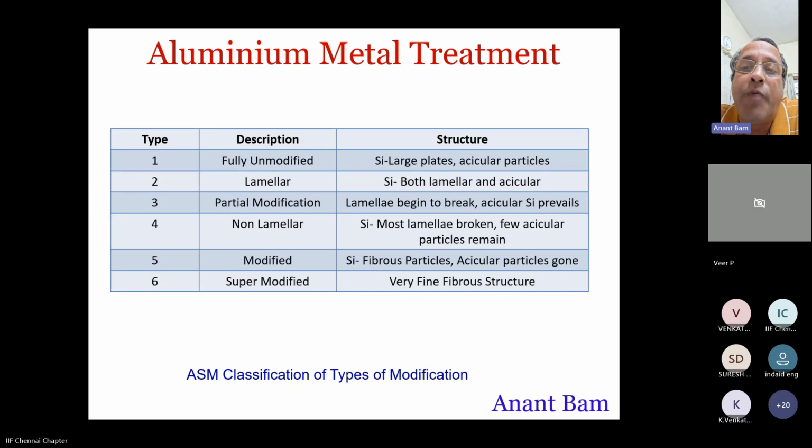Grain refinement and modification both put together increase response to the heat treatment. So if you want predictable and good mechanical properties out of the casting, which exceed the standard limits, then proper metal treatment is the only way to it.